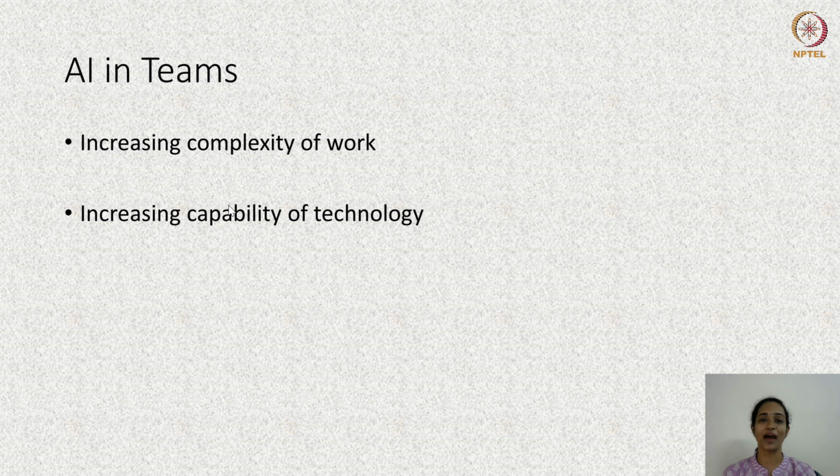Even 20 years back, we could not have considered using several of the artificial intelligence systems in our teams. But that said, I should still make a point that as early as the 1990s, organizations such as the National Aeronautical Space Agency of the United States was thinking about how it can apply artificial intelligence systems in teams.